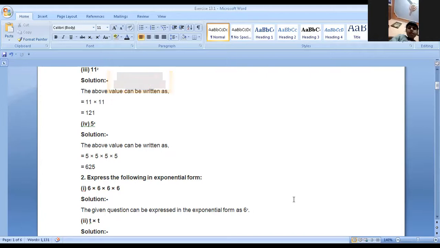Parth Jain, unmute yourself and tell me the B part of this. What will be the answer of B part? Open your webcam and tell me the answer. T has been multiplied 2 times. So what will be the answer when you are expressing it in exponential form?